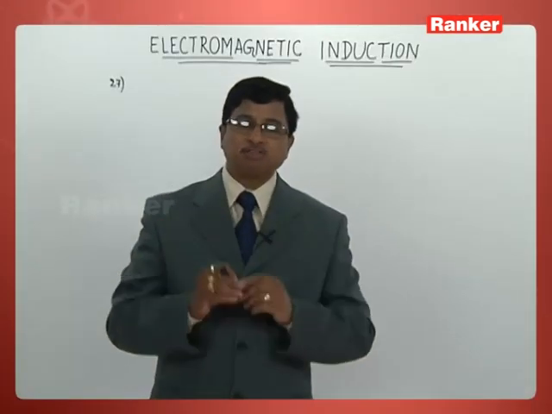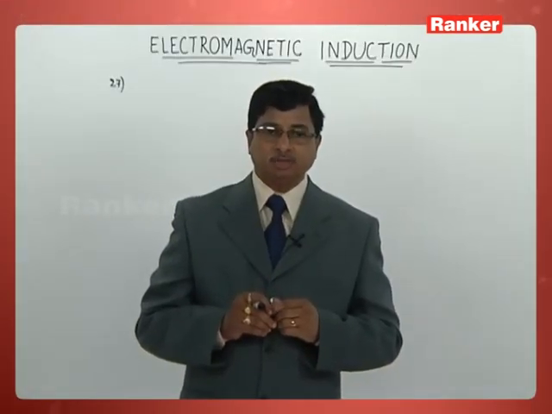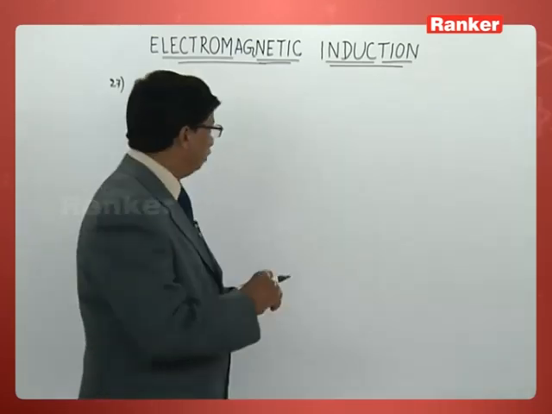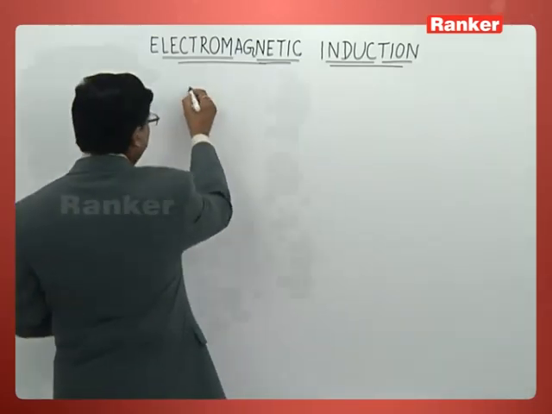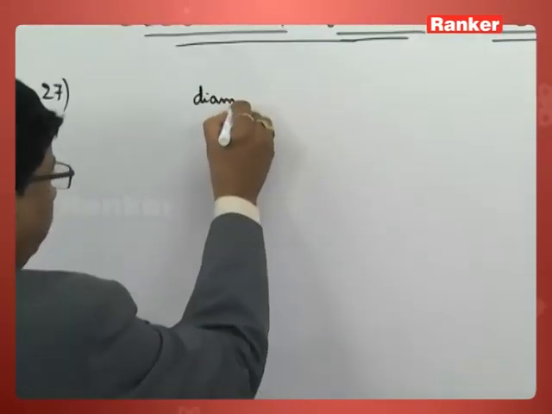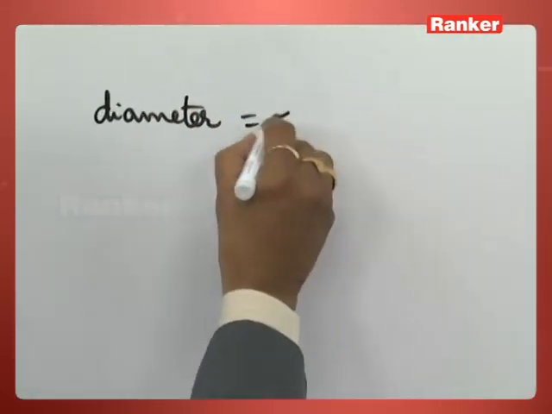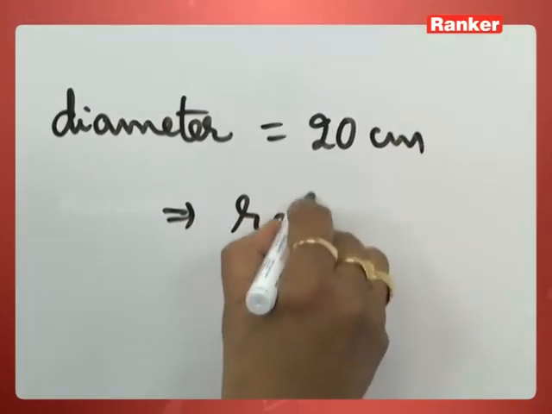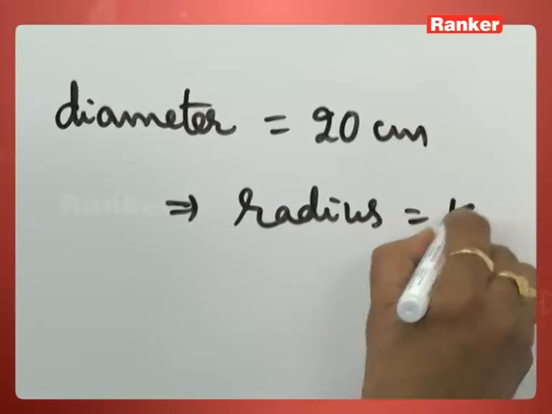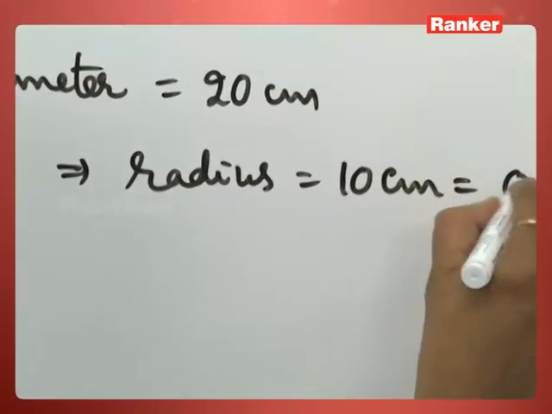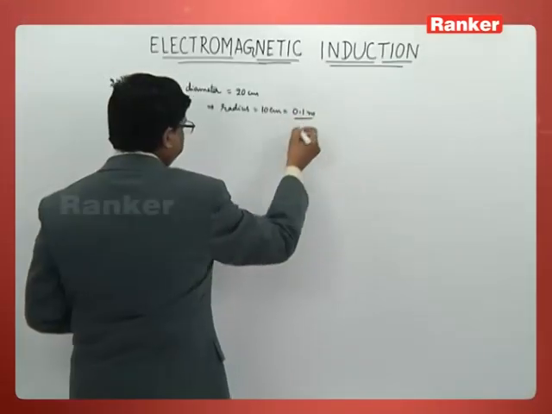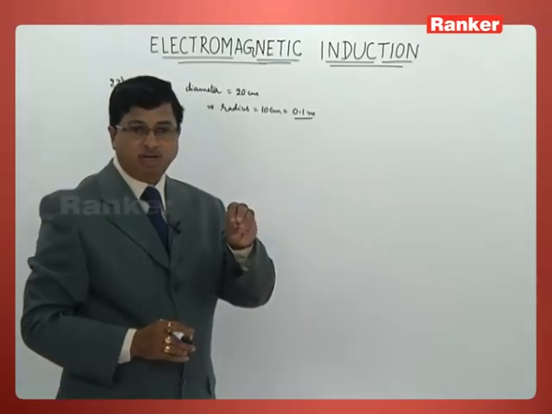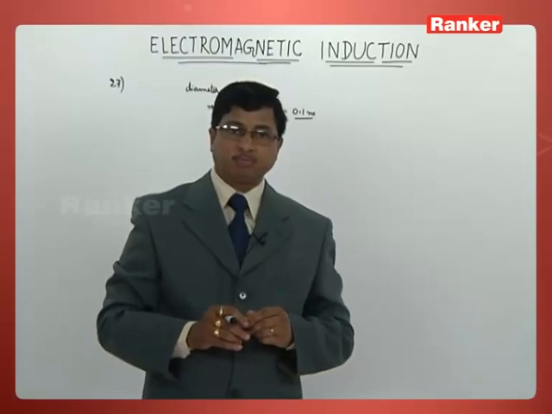What can you straight away understand? He is talking about its diameter as 20 centimeter. So first and foremost, when diameter is given as 20 centimeter, it's understood radius now becomes 10 centimeter, which can be written 0.1 meter. So that is one value provided in the problem for us.